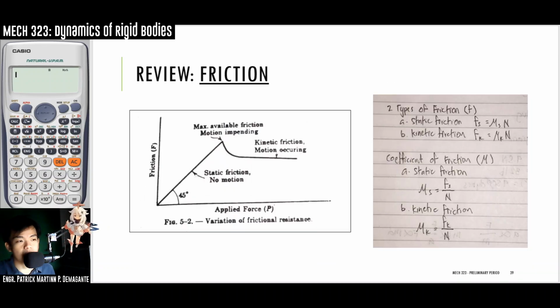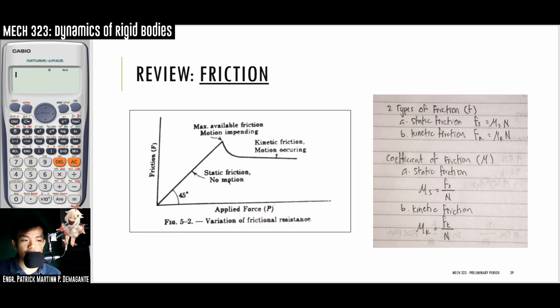Next figure. This just shows the relationship between the applied force and friction. You can see here that the force applied with regards to friction is linear, at 45 degrees.